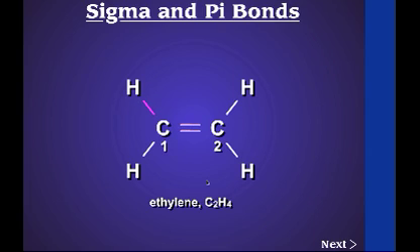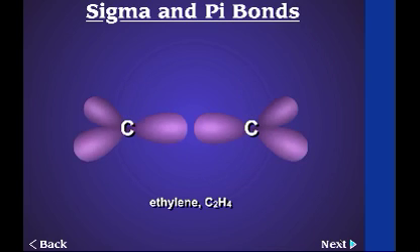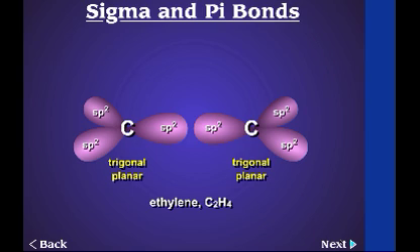Okay, so this one is ethylene, C2H4. If we count around the central carbon, we count 3, and that corresponds to sp2 hybridization, and here's the trigonal planar form that represents that.